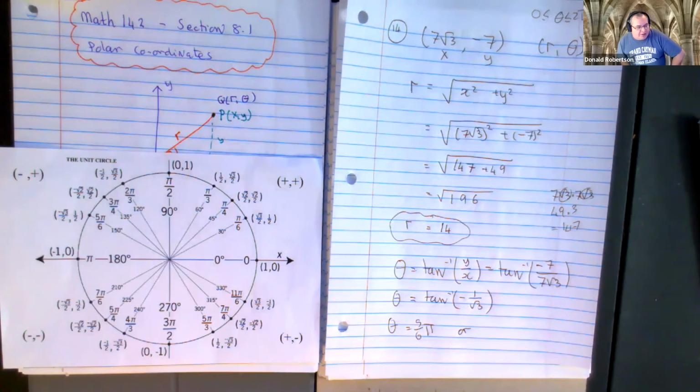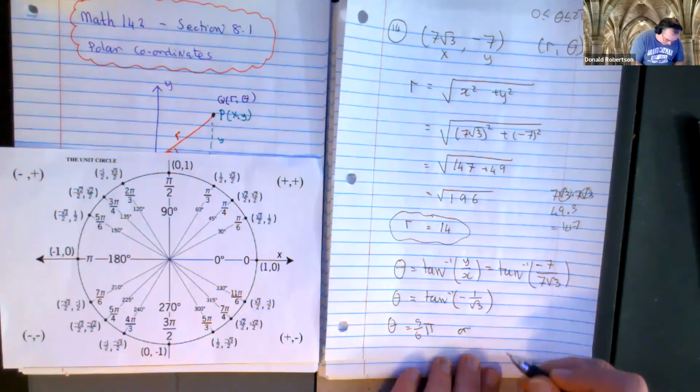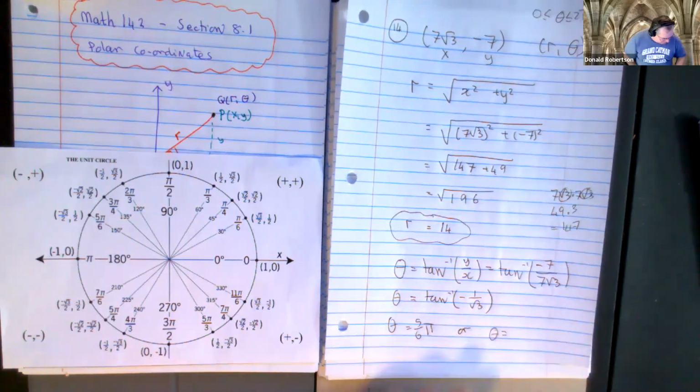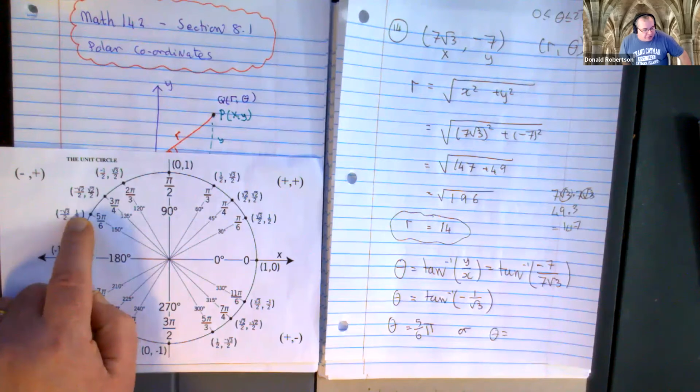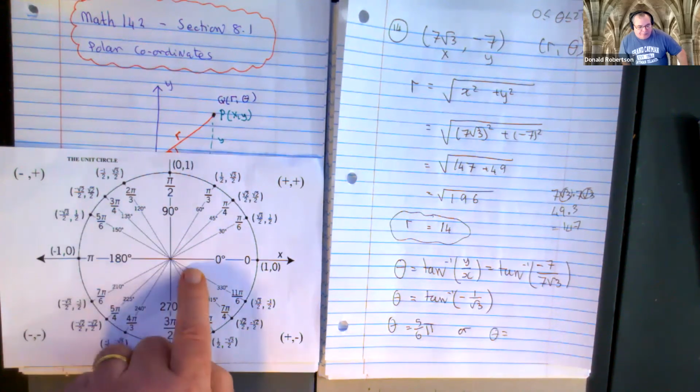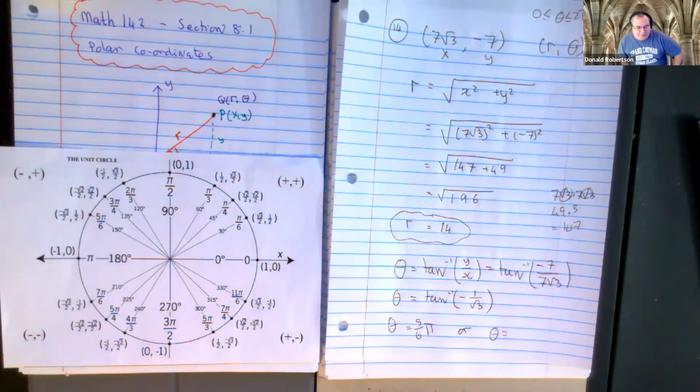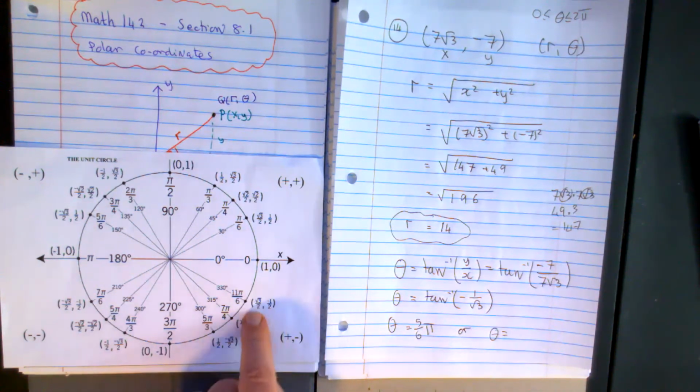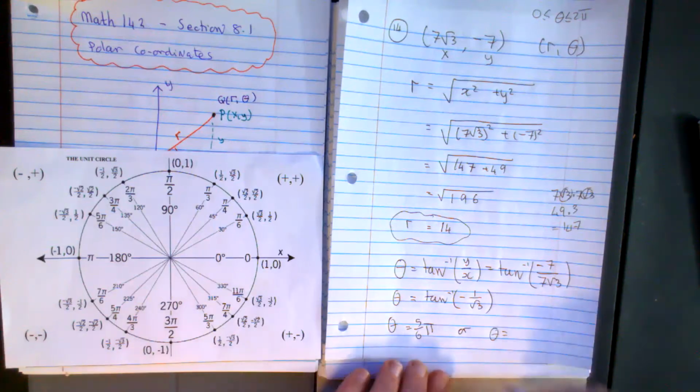Where is that guy hiding? We know this one works. Where is the other one? 11 pi over 6. Okay.